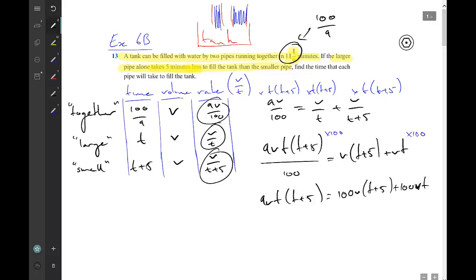It's a V there. Okay, so now we go ahead and expand the brackets. So we end up with 9VT squared. No, actually, before we do that, in this case, we have a V here, a V here, and a V here.